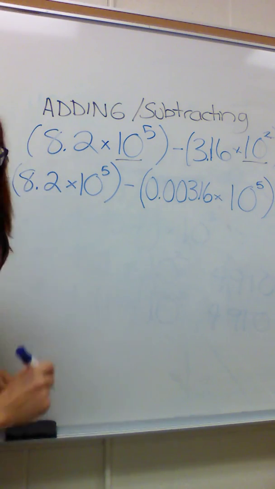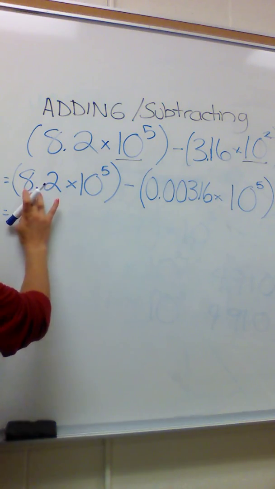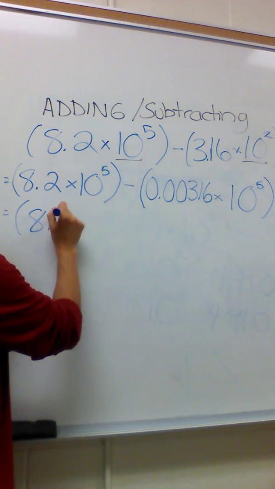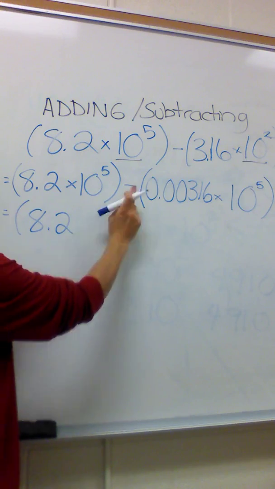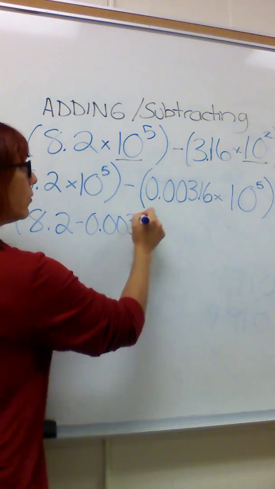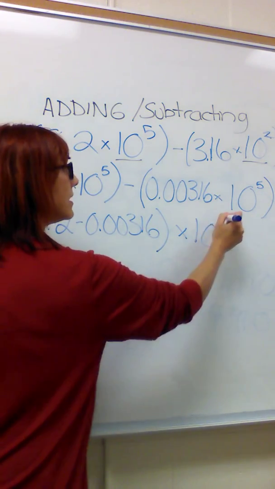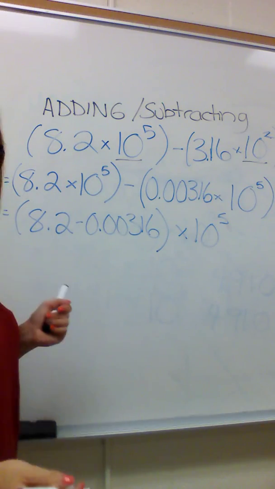Then I go back to what I have been working with, 8.2, and now I'm subtracting 0.00316, and then all of that will be times 10 to the exponent 5.